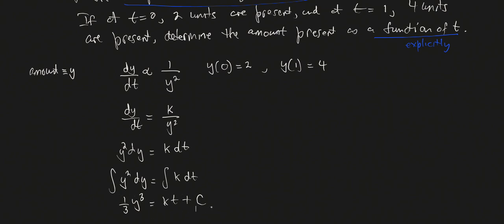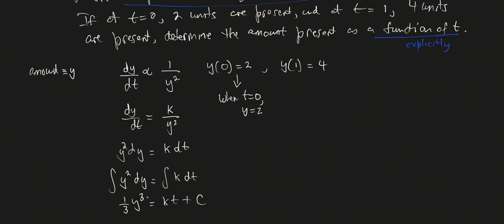Again, my preference, and that's simply my preference, you might prefer to do it in a slightly different order. As soon as I have any kind of implicit relationship in the form of this equation, I go ahead and solve for all the constants. So let's do that here. So this is telling me that when t is equal to 0, y is equal to 2.